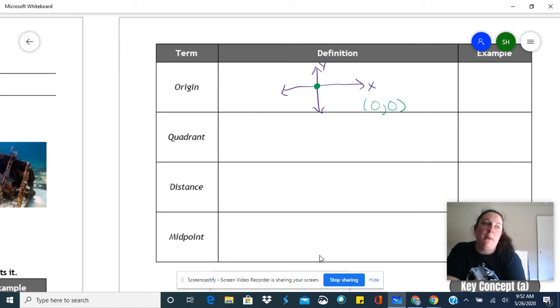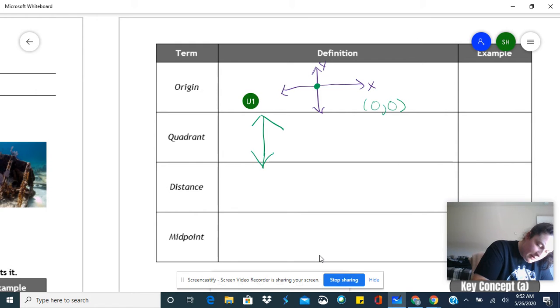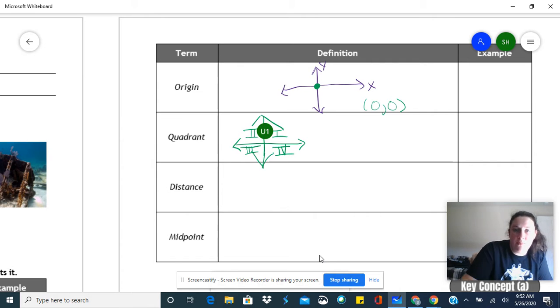So when we talk about quadrants, there are 4 quadrants in a coordinate plane. Here's your coordinate plane. Your quadrants count counterclockwise, starting with the top right. So you have quadrant 1, 2, 3, and 4.